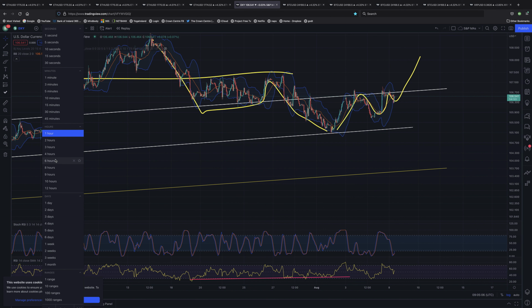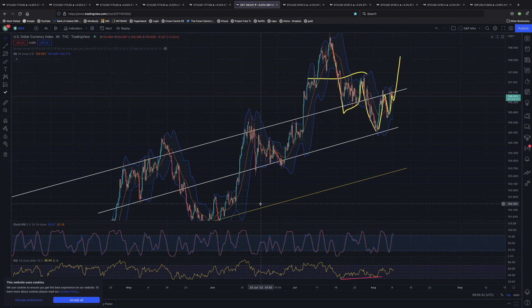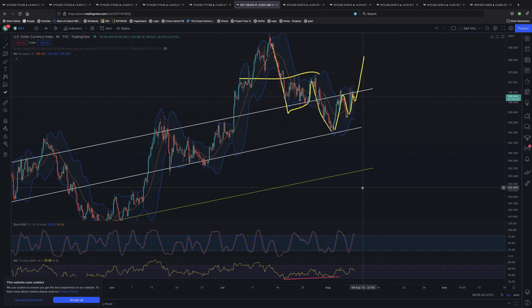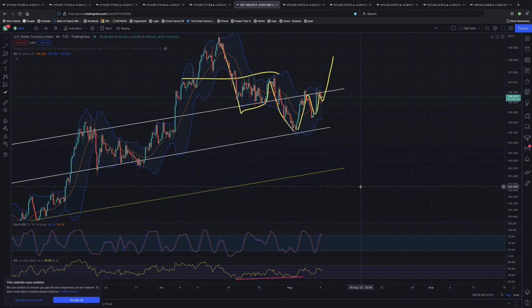On a macro level, fundamentals are one thing, but that would be the macro TA. Now, it has been a bit chaotic lately because I've seen the DXY pumping while Bitcoin was pumping too, and the opposite, I've seen the DXY dumping while Bitcoin was dumping too. So we're not in a very predictable market.